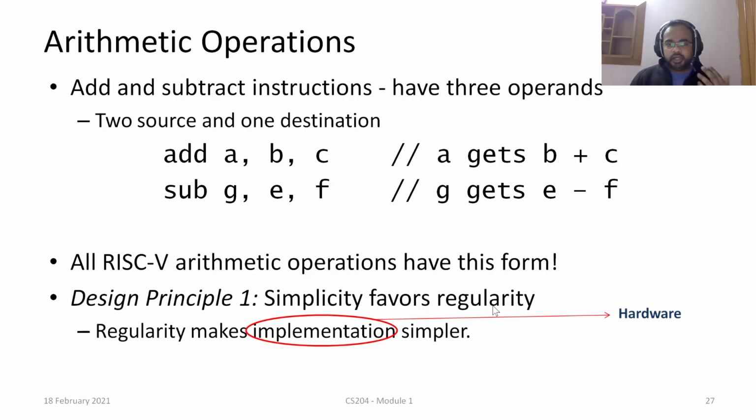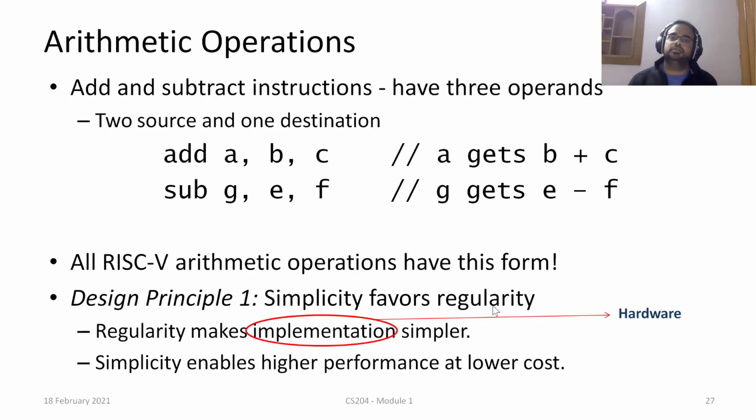Then as an add-on, you can say if the hardware is simpler or regular, we can achieve higher performance at a lower cost. And when we say cost, it is in terms of the latency, you can say, or area or power. Okay, so this is the first design principle of RISC-V. Simplicity favors regularity.